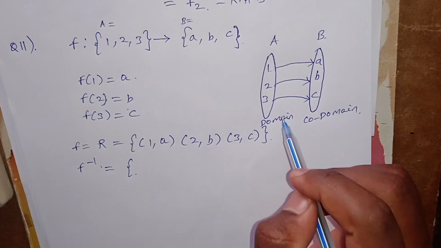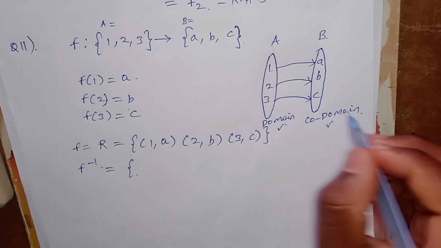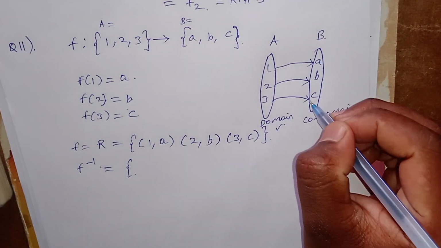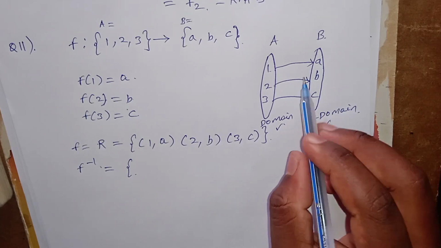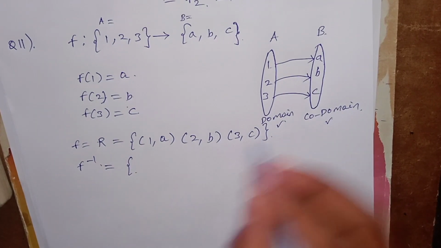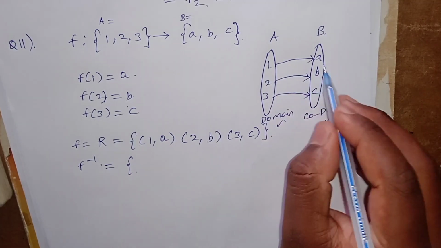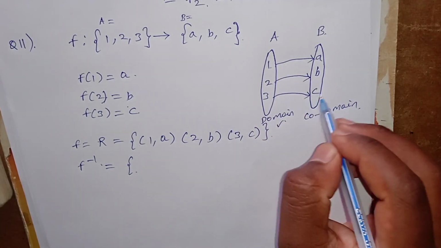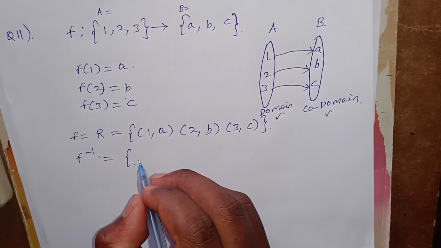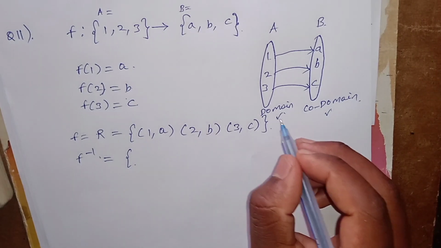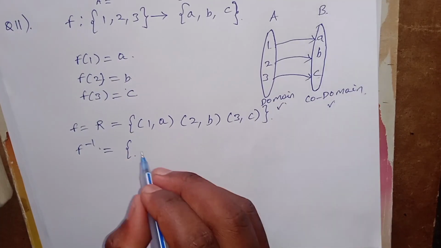Here it is one to one, therefore it satisfies one-one. For onto, in set B every term has a pre-image. Therefore a has 1 as its pre-image, b has 2, and c has 3. Therefore domain and codomain satisfy one-one and onto, so we can find the inverse.